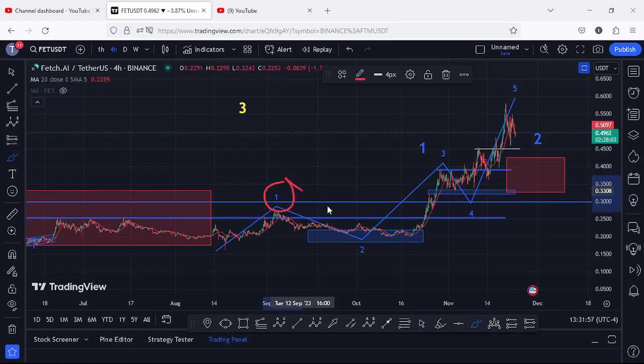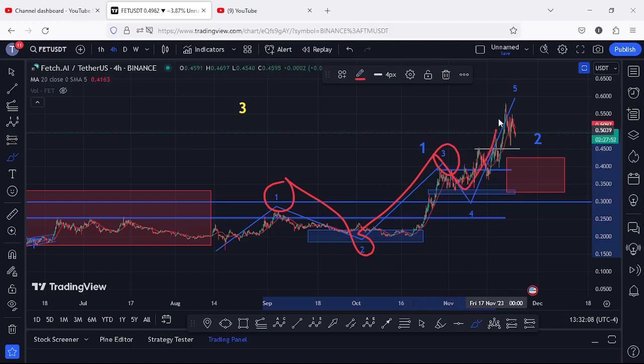Then we saw a bit of a pullback in the formation of this wave 2 before we saw another aggressive move in the formation of this wave 3, then a pullback in the formation of that wave 4, and finally the formation of this wave 5, giving us a high above the $0.58 mark, completing a 5-wave structure to the upper side. Since we have completed a 5-wave structure, we can now term this whole movement to the upper side as a larger Elliott wave count 1 to the upper side.